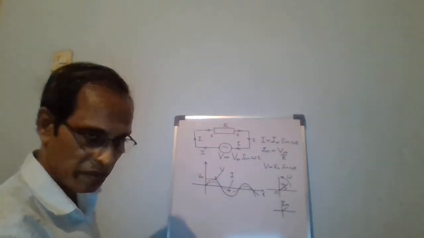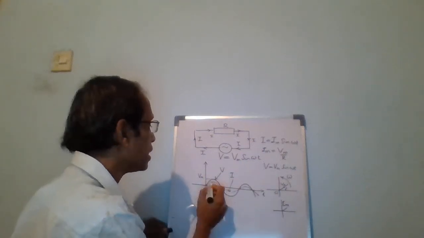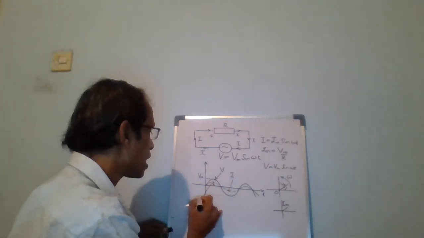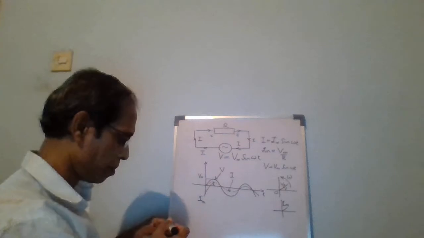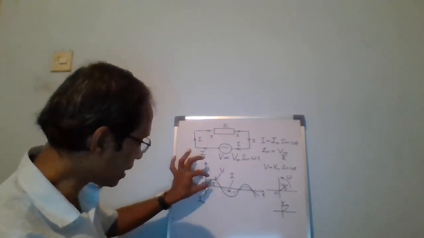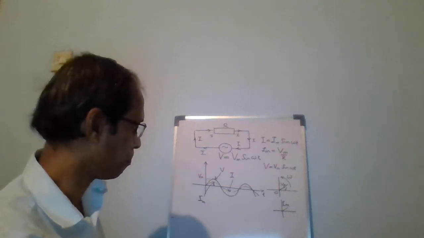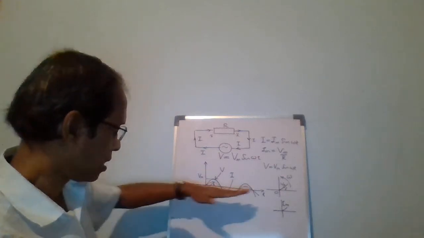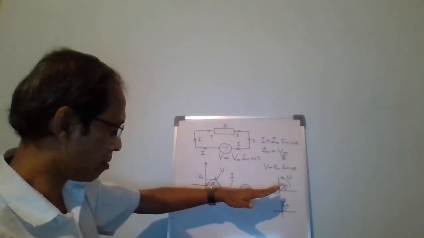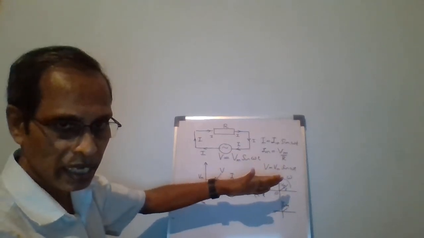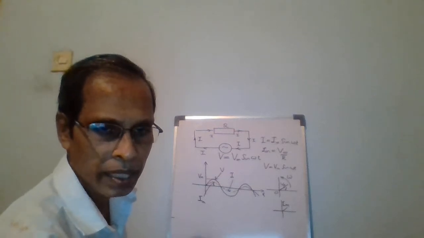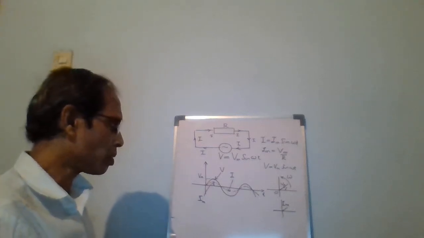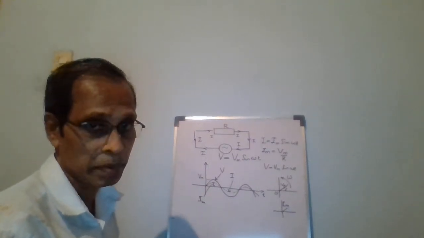This amplitude represents Im. In the earlier graph, the wave amplitude represents Vm. The radii coincide with each other, so there is no angle between them, no phase angle between them.